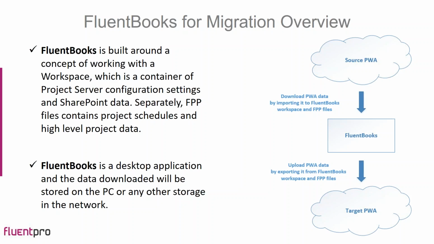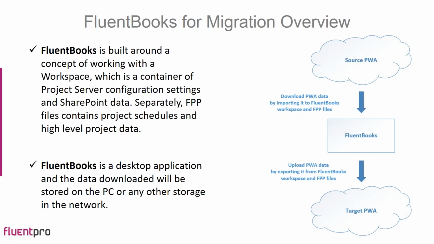So as you can see on the screen, the data doesn't go directly from the source PWA to the target PWA as it would be during database migration. The first step of the data migration itself is to download PWA data from the source environment into FluentBooks workspace and FPP packages, and then all the downloaded data is exported to the target PWA, either from FluentBooks workspace or from FPP packages.